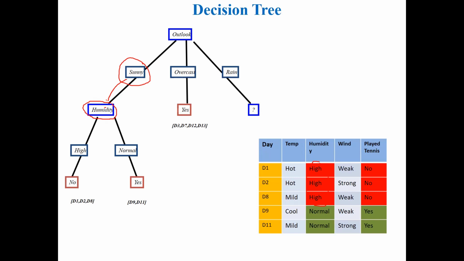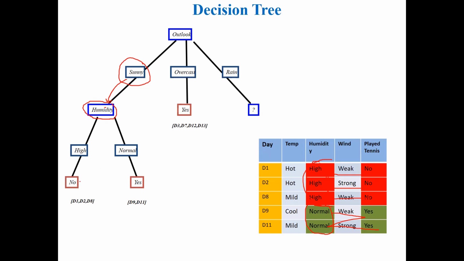Why? Because humidity has got the maximum information gain, and here we observe that for these 3 high values all are no, and for these 2 normal values all 2 are yes. So D1, D2 and D8 are no, and D9 and D11 are yes.